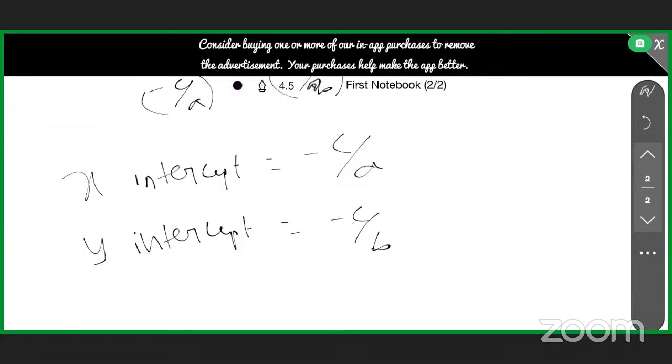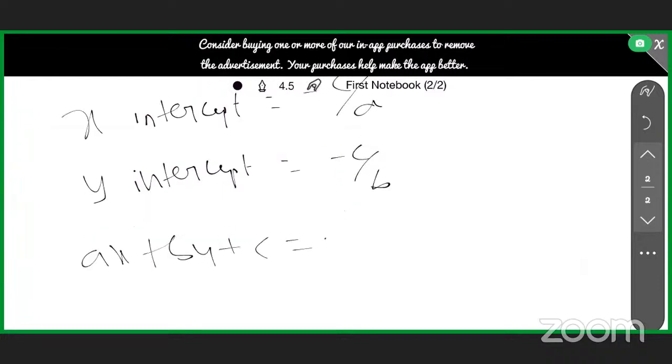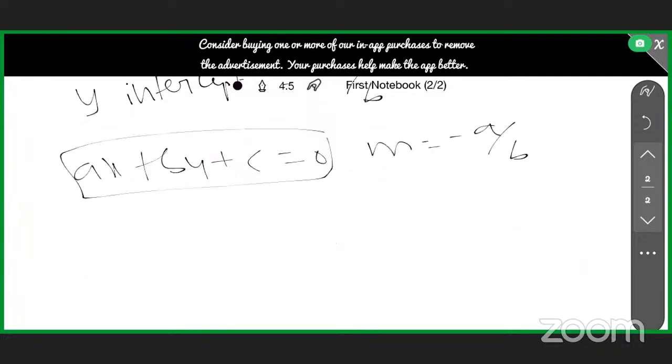So if ax plus by plus c is equal to 0 is my line equation, the slope is equal to minus a by b, x-intercept is equal to minus c by a, y-intercept is equal to minus c by b.